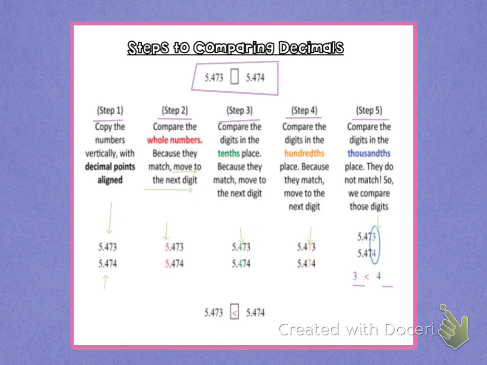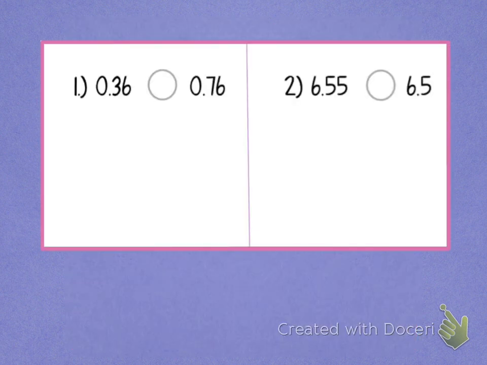Okay, 3 is less than 4, which is where we see right here that symbol less than. So now we know that 5.473 is less than 5.474, or if we're saying those numbers correctly, 5 and 473 thousandths is less than 5 and 474 thousandths.